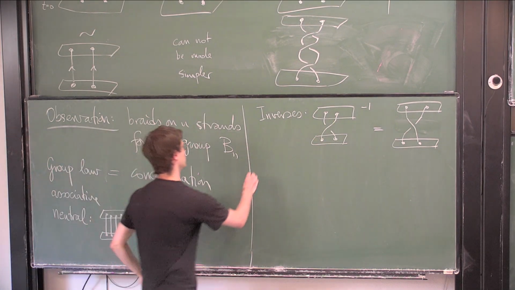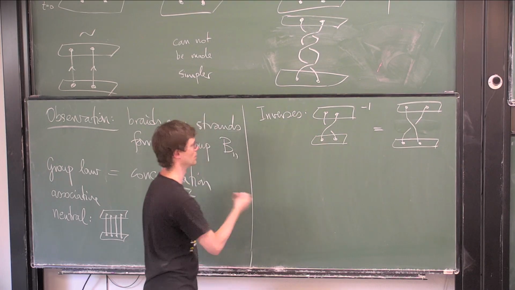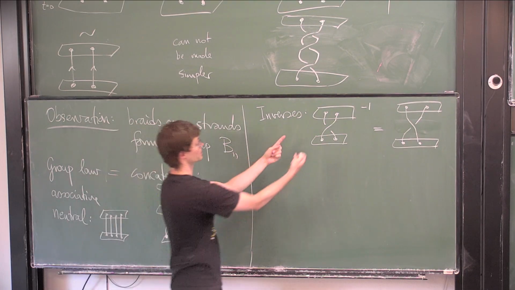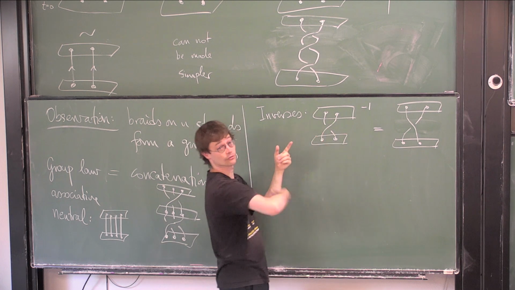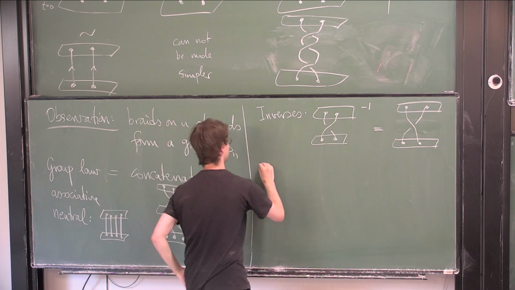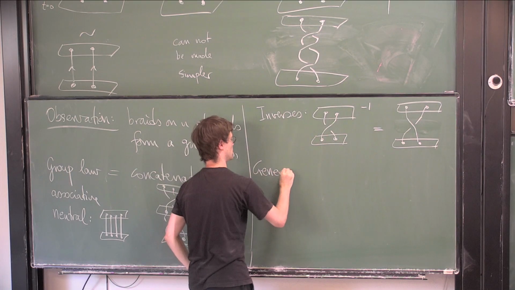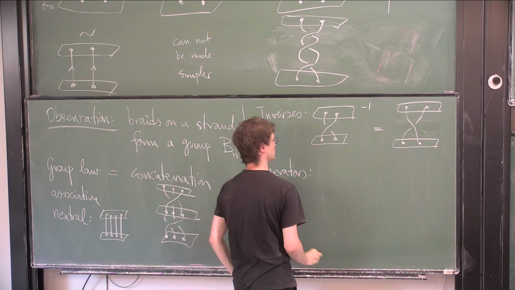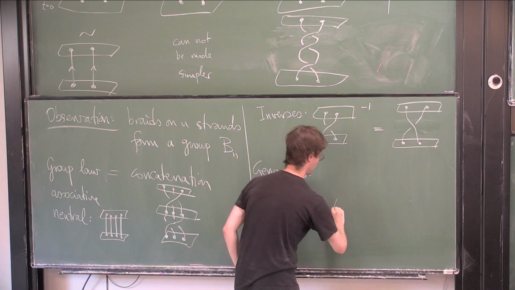But now, what we'll show is, we'll state the theorem that these elementary crossings generate the group. Like generators. So now we are on n strands.